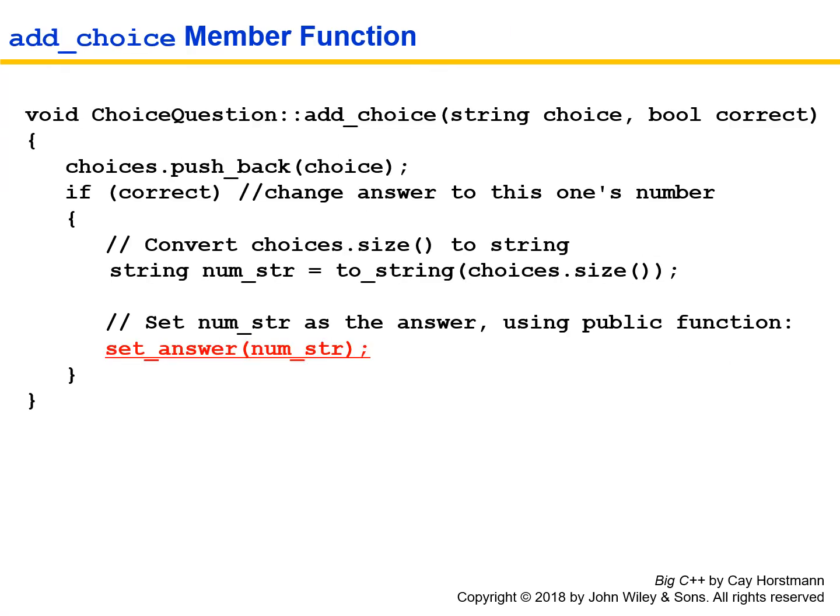What it can do, as shown in this example, is call the setAnswer function from its parent class and pass it the number string that it's trying to set as the answer.